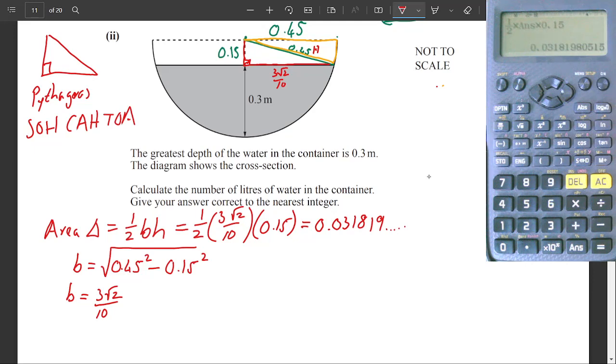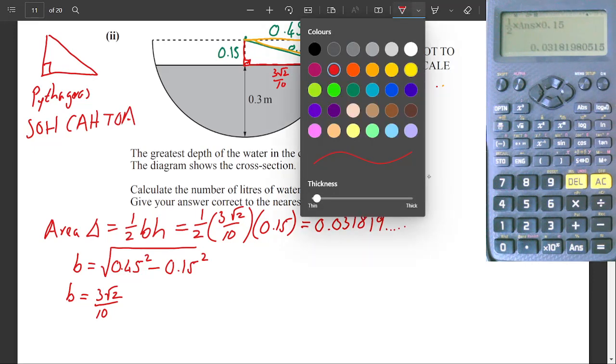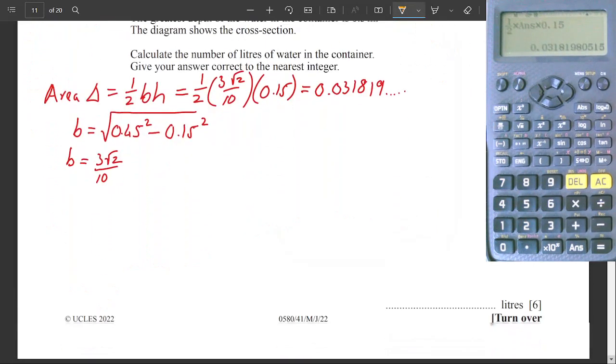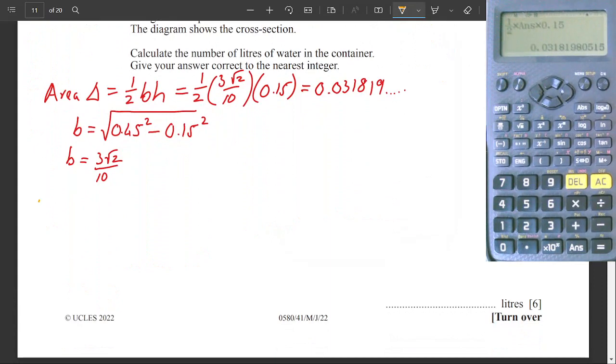Now let's find the area of the sector. And remember, the area of a sector is the angle divided by 360.